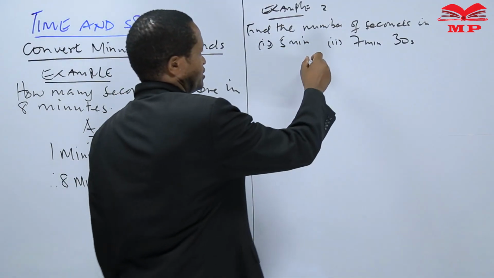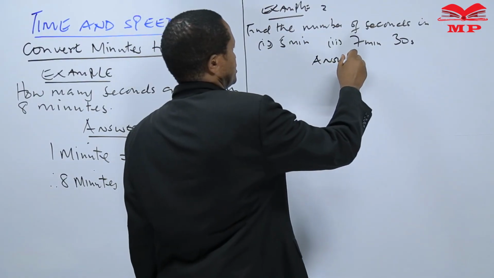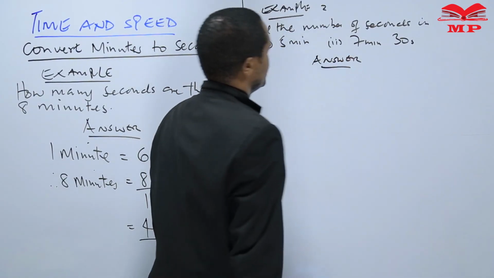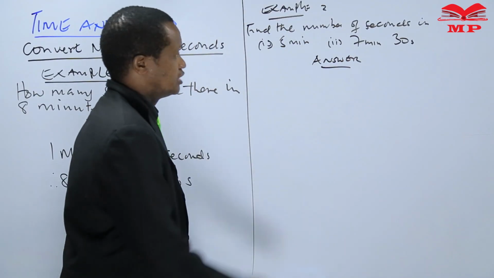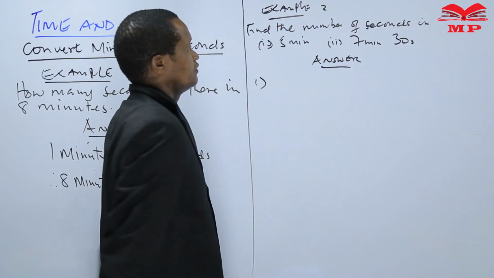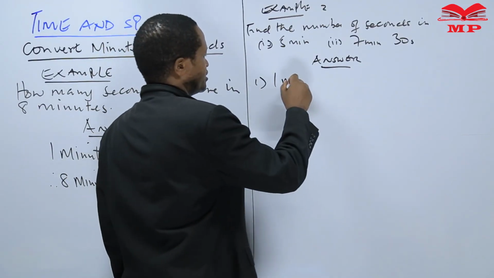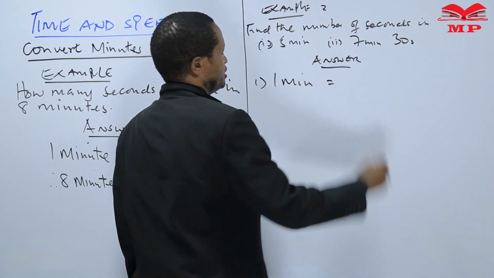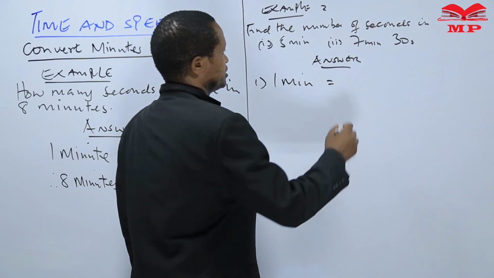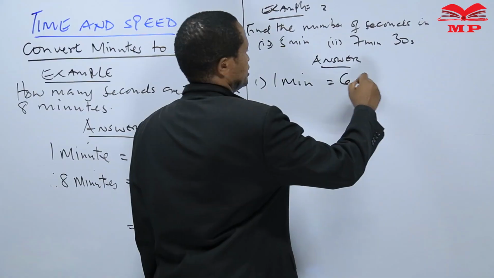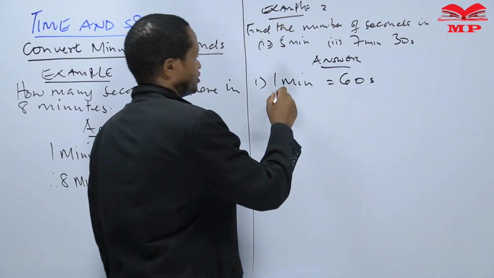So let's see how to answer this. Find the number of seconds. Number 1, in 5 minutes. We have seen that 1 minute is equal to 60 seconds.